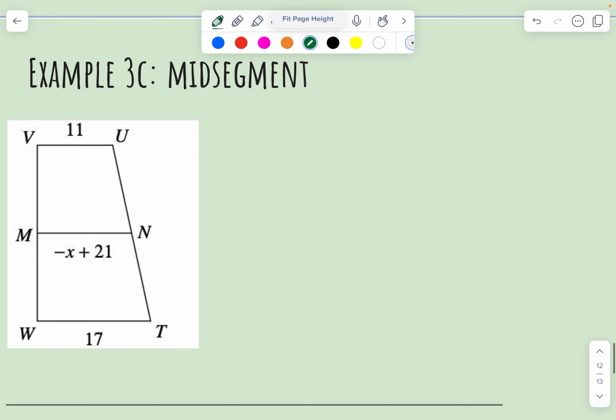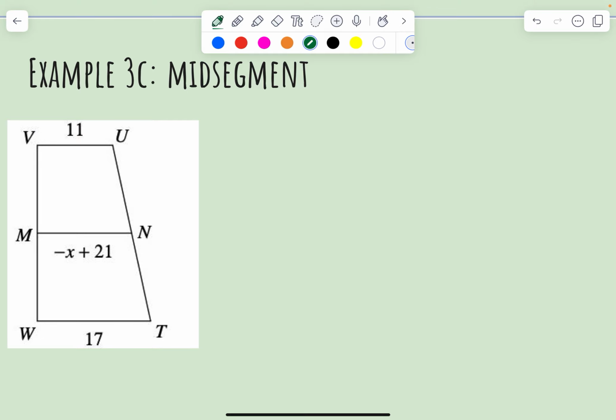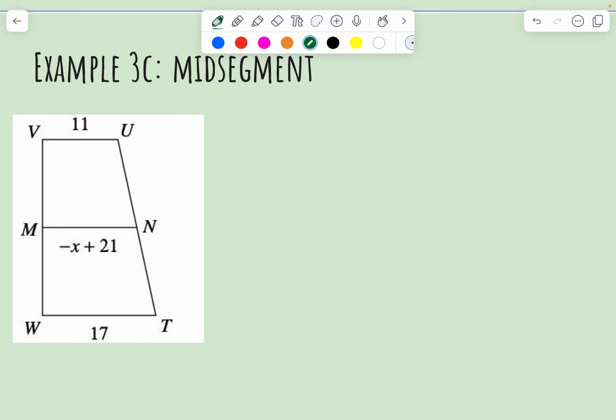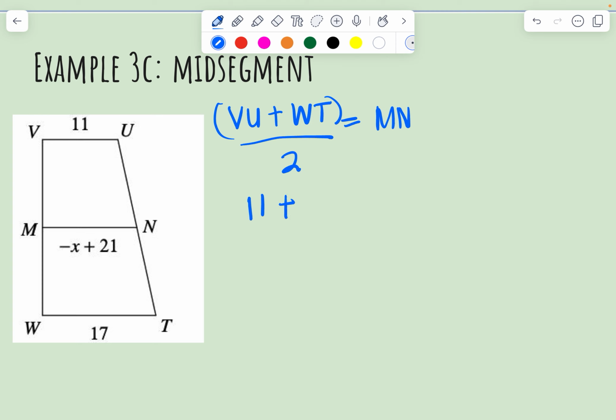All right, this one's a little bit more complicated. Same type of problem, but now we're going to have X on the other side. So I know VU plus WT divided by 2 is going to give me MN. We know VU is 11. We know WT is 17. Divided by 2 equals negative X plus 21.